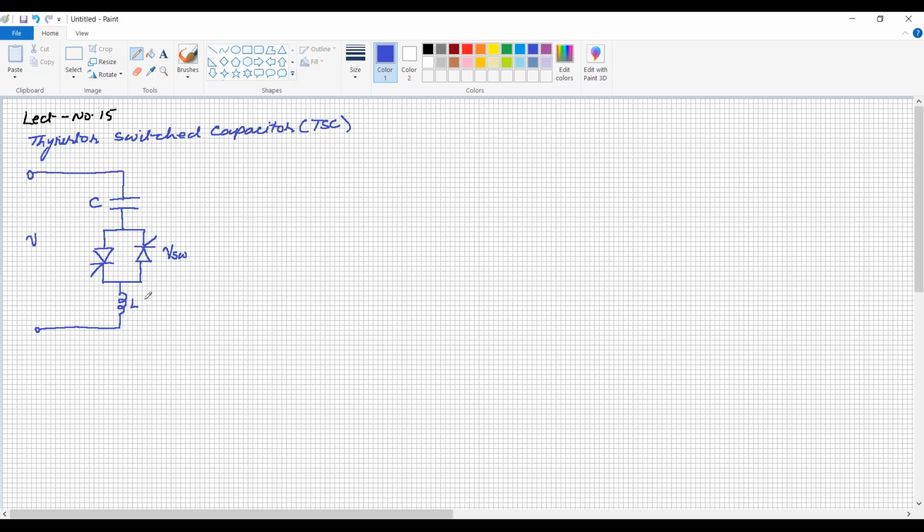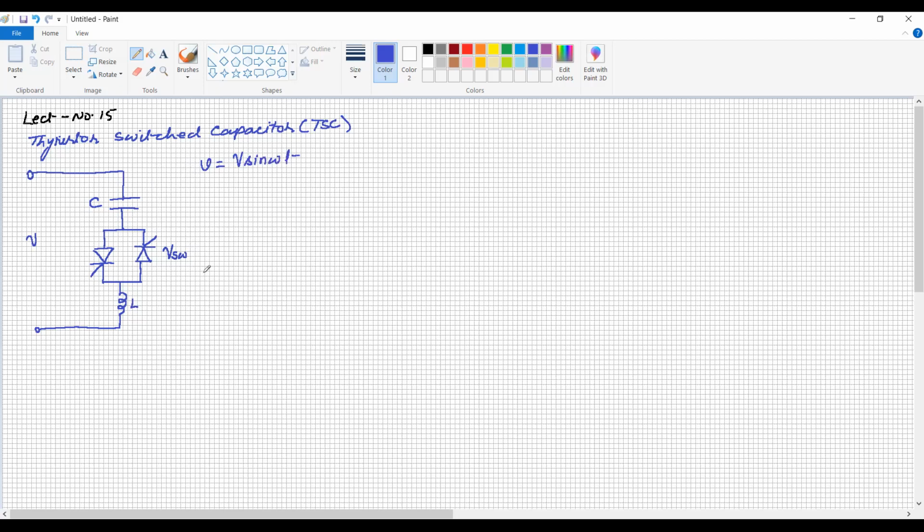Now, what is the condition for the switching of the capacitor? Because we want transient free switching of the capacitor, which is very important. Now, say for example, the voltage across the capacitor is V equal to V maximum, that is V into sine omega t.